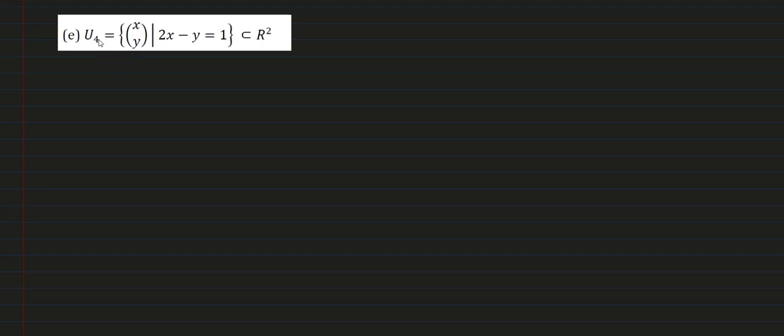The elements inside U4 are in the format of 2 dimensions. They are conditioned by this equation. Remember, this equation was 2x minus y equals 1. If I take y on one side, this will make 2x minus 1 on the other side.